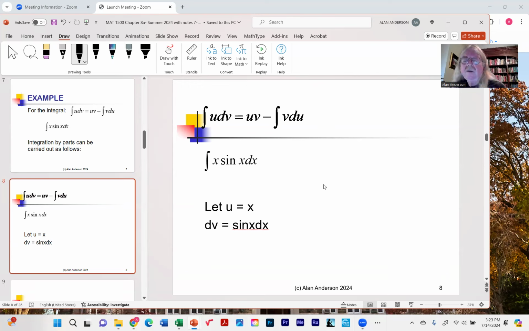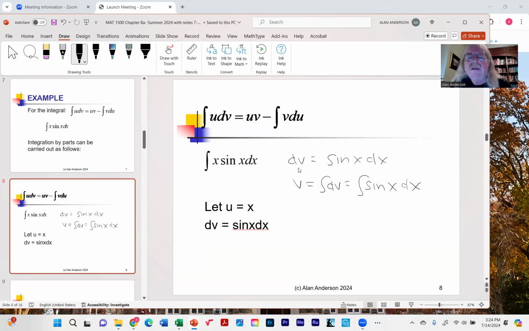Okay, now let's see if we've successfully chosen the right approach. If you look at this formula, what we're still missing is that we have u, but we don't have v. So dv is sine x dx. What does that suggest about v? Aha.